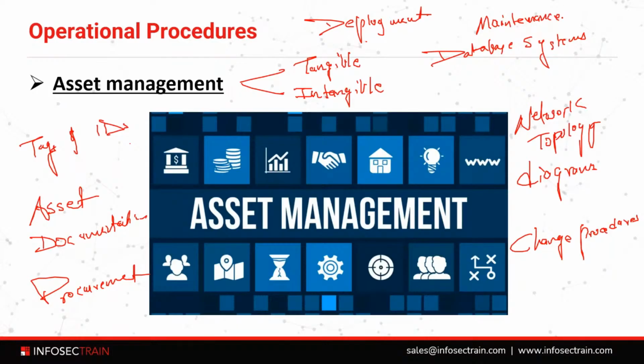Maintenance means it implements a procedure for monitoring and supporting the use of the asset. And disposal: it implements a procedure for sanitizing any data remnants that might be stored on the asset before reusing, selling, donating, recycling, or destroying the asset.